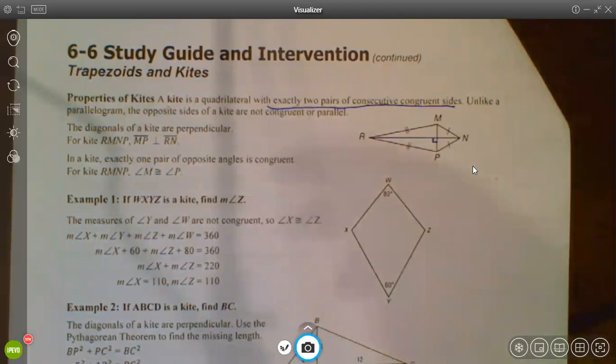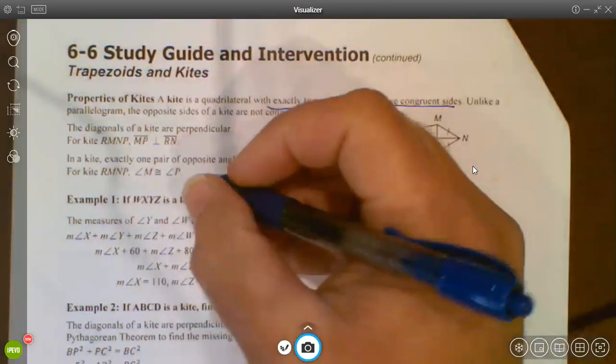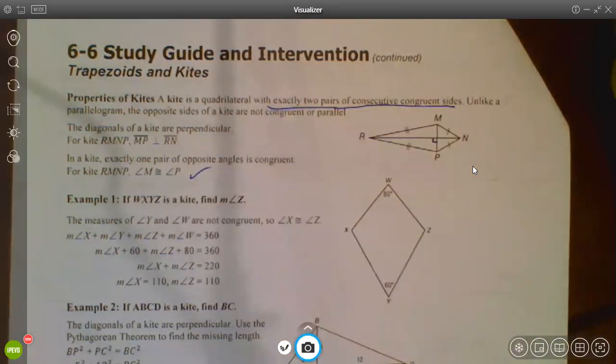So here's one of the other big ones that we can't forget about. You see how there's two sides that are congruent, right? Those two consecutive sides and those two consecutive sides. The angles between the non-congruent consecutive sides, so angle M and angle P, are congruent to each other.